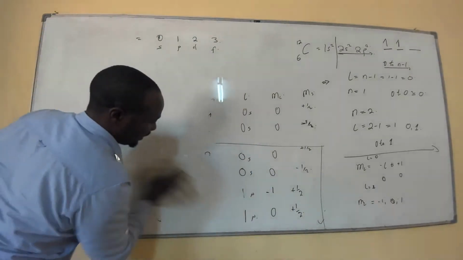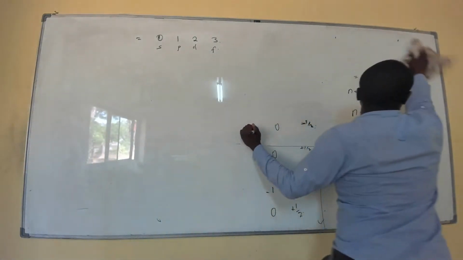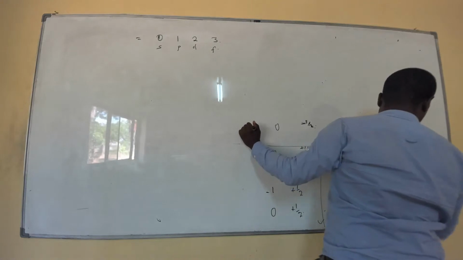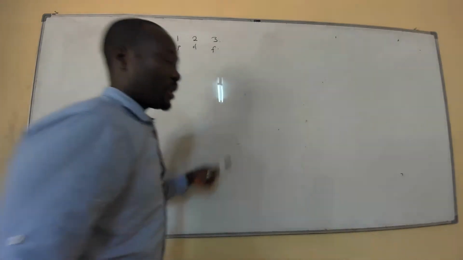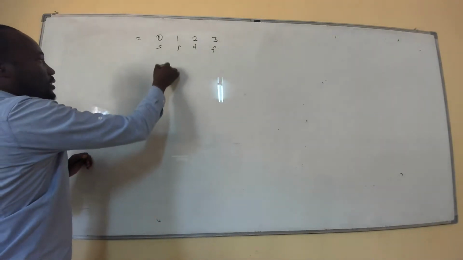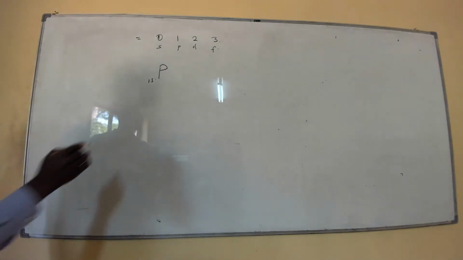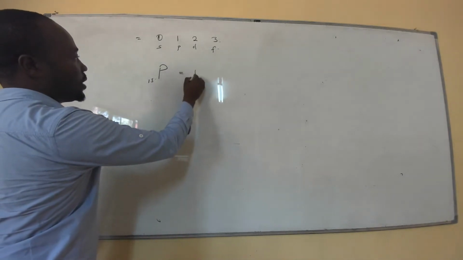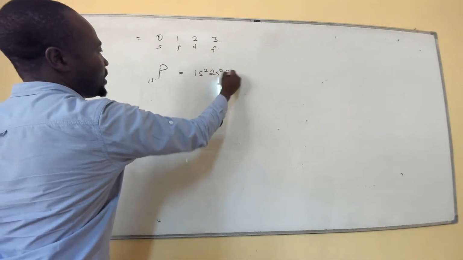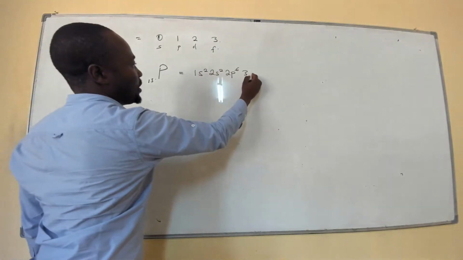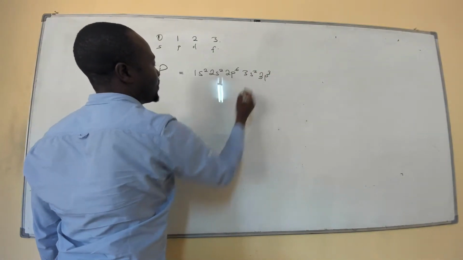Okay, we move to another example. Let's go to phosphorus, 15. When we write the electronic configuration for phosphorus, it is 1s2, 2s2, 2p6, 3s2, 3p3.